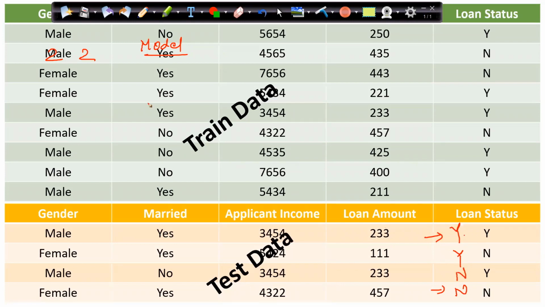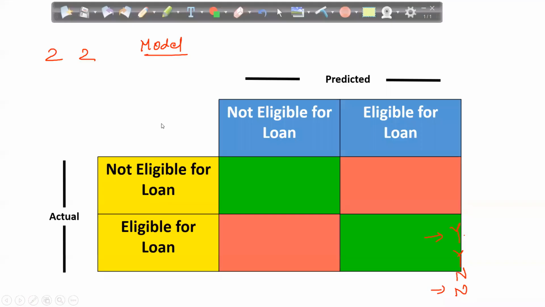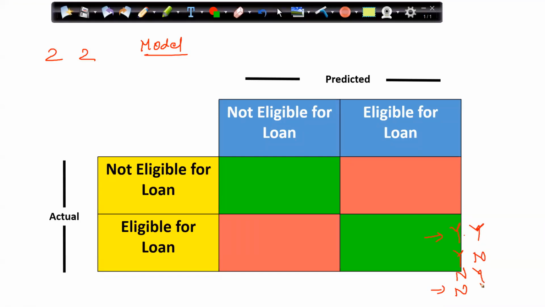Let me put that in this next page. So YN, NY, NN. This is my actual data, and this is my predicted data.